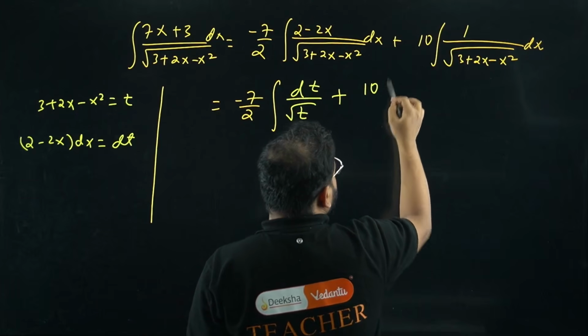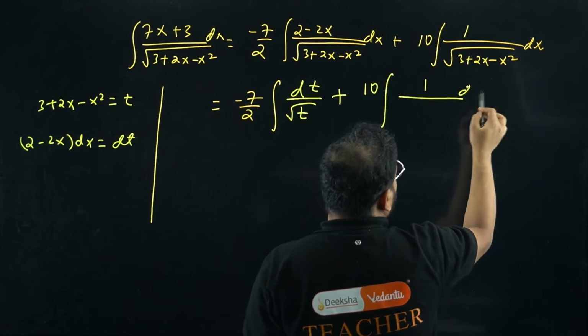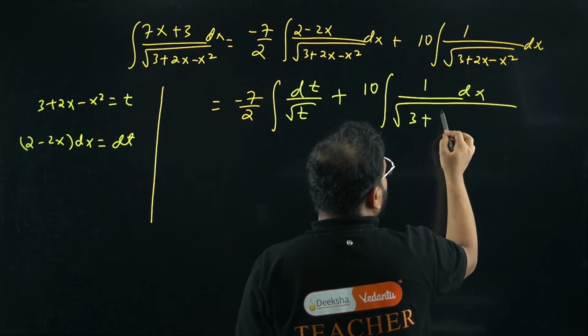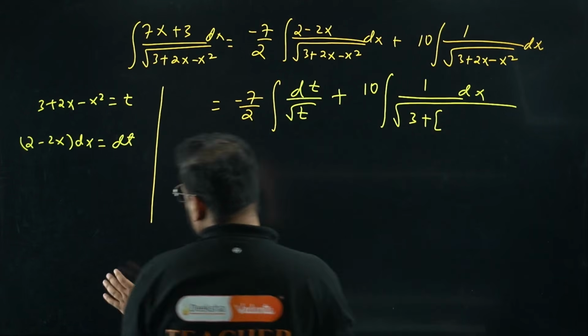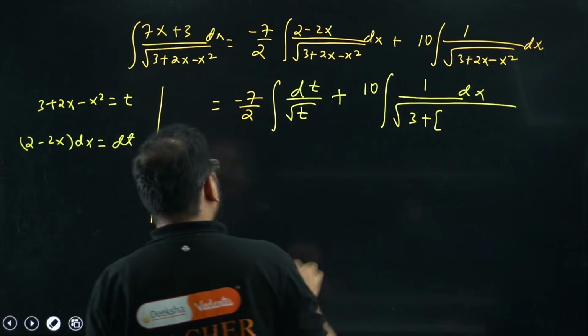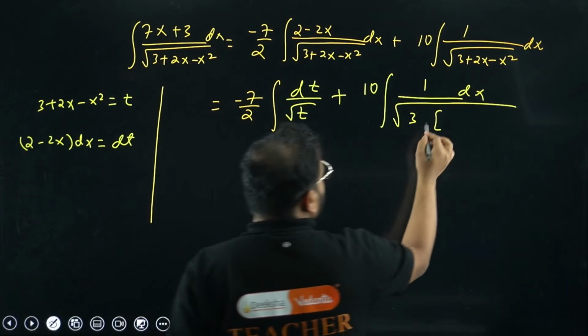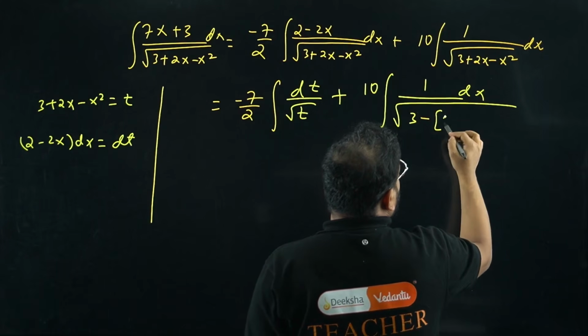So it will become 1 upon the root of... let's have a look. 3 plus, take the minus sign common from the last two terms to make this in one of the standard forms.